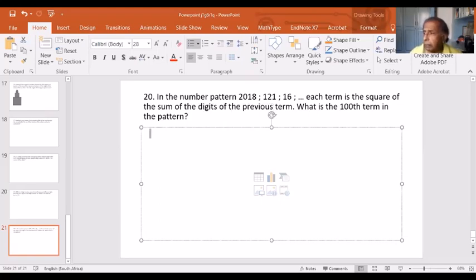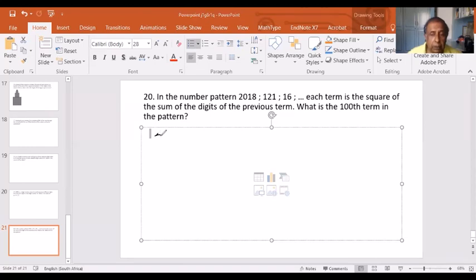In the number pattern 2018, 121, 16, it's a funny looking pattern. 2018 and it comes to 121. What's the rule there? It's 16. Each term is the square of the sum of the digits of the previous term.